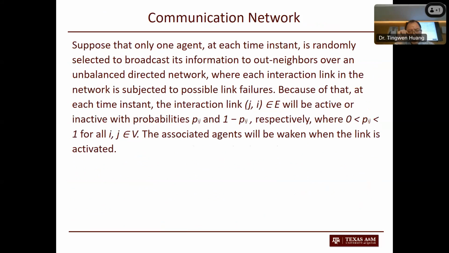Suppose that only one agent at each time is randomly selected to broadcast its information to its out-neighbors over an unbalanced directed network, where each interaction link in the network is subject to possible link failures.